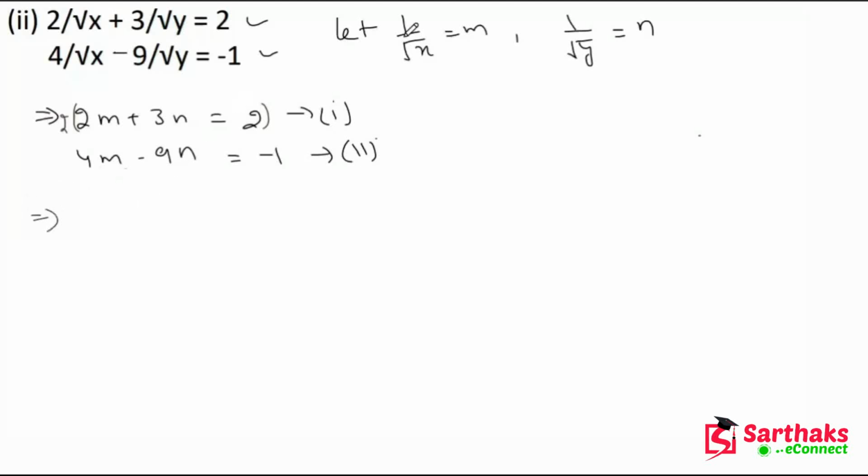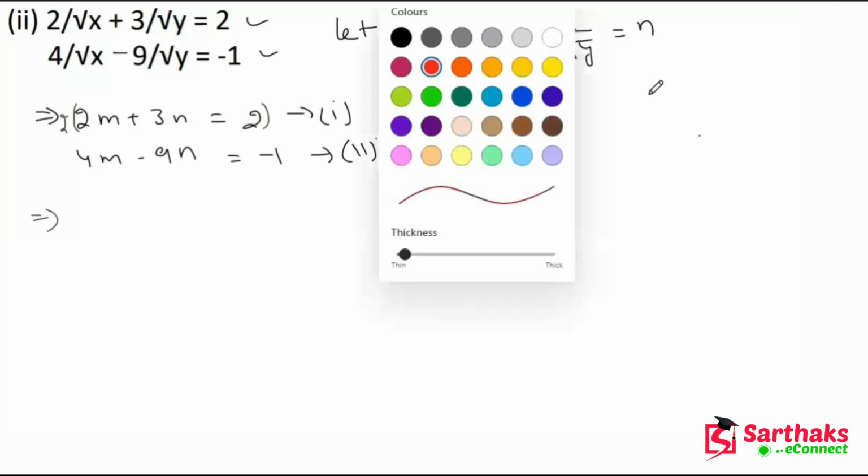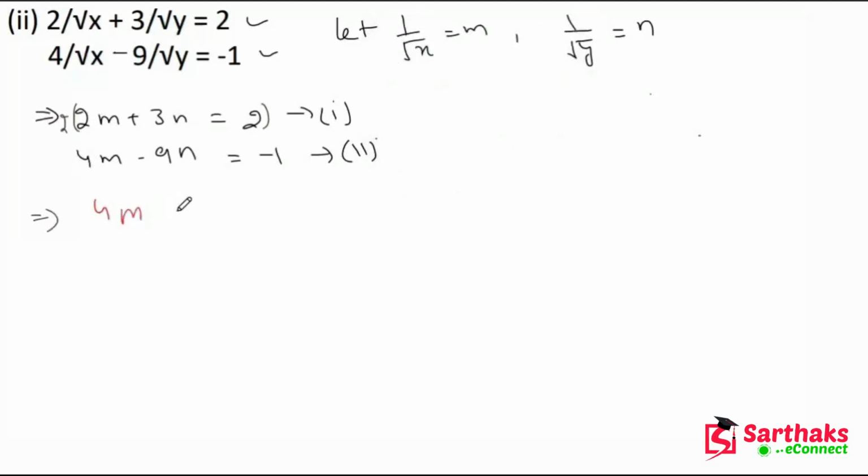Now the first equation will become 4m plus 6n is equal to 4. And the second equation is 4m minus 9n is equal to minus 1. If we subtract, this will become plus, this will become again plus. Then what will we have? We get 9 plus 6, and here is 5.